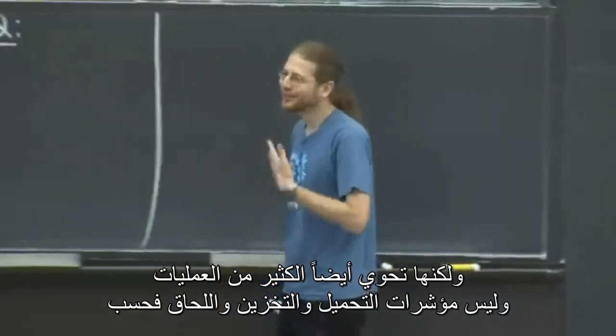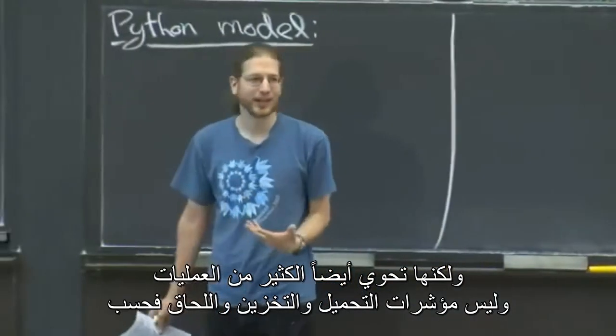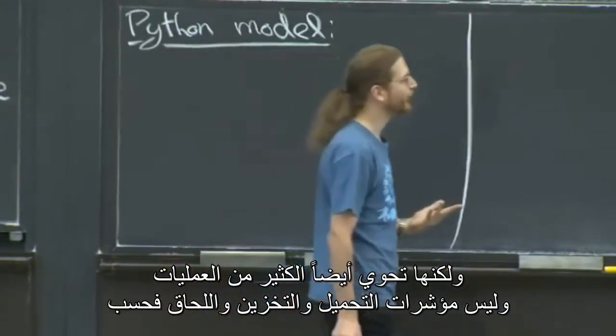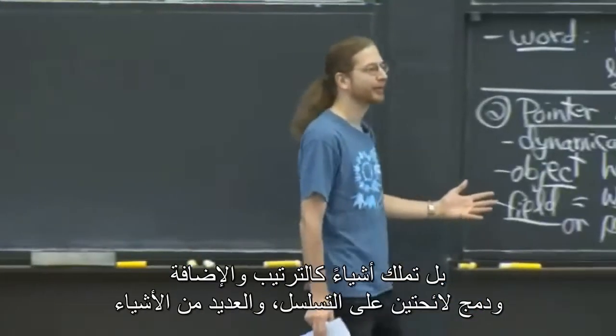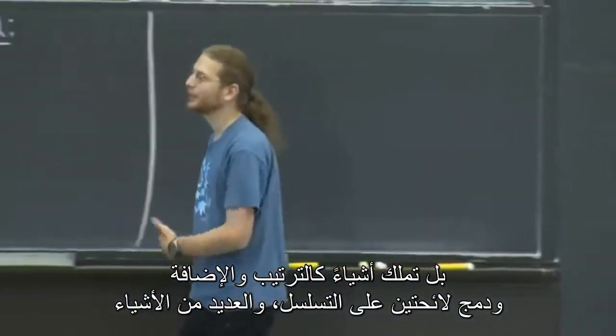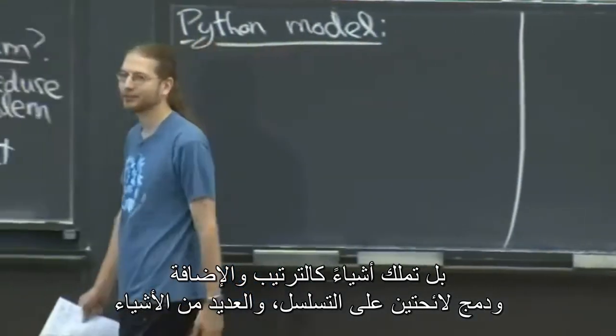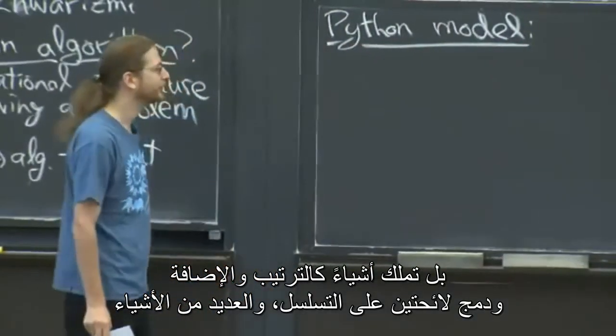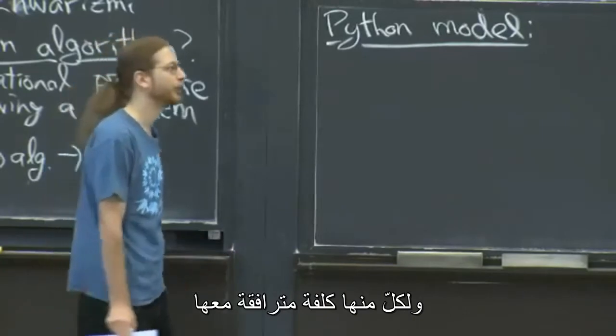But it also has a lot of operations. It doesn't just have load and store and follow pointer. It's got things like sort and append and concatenation of two lists and lots of things. And each of those has a cost associated with it.